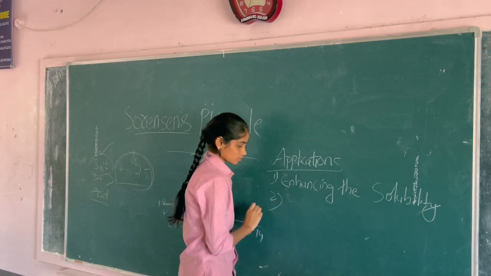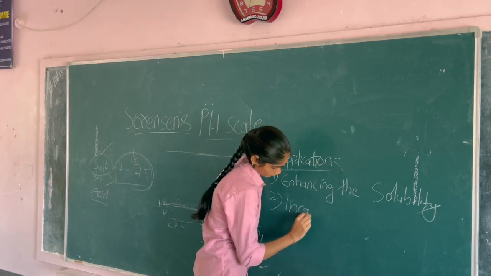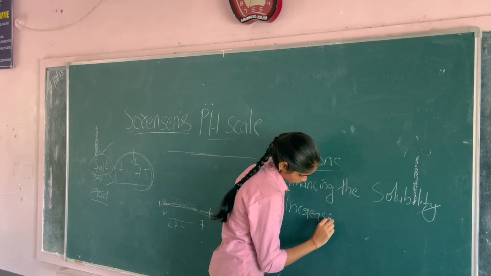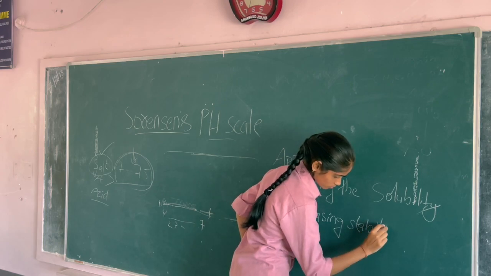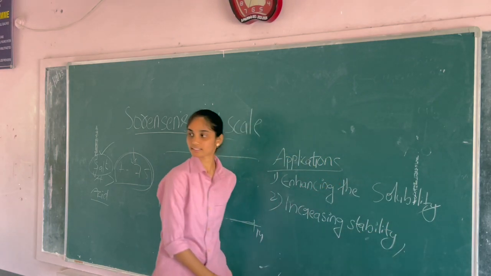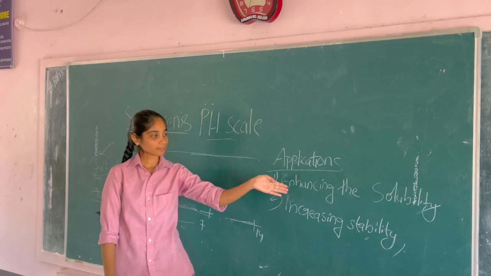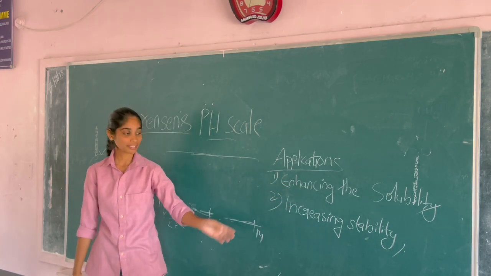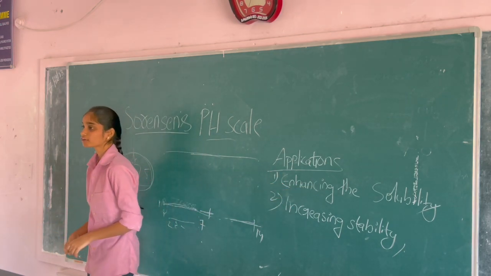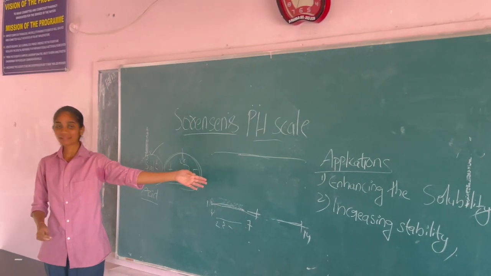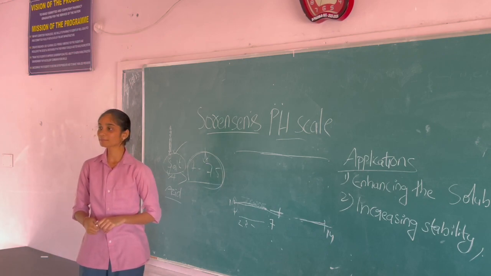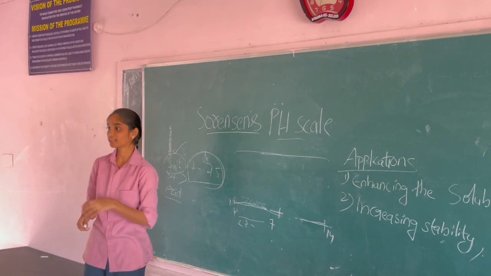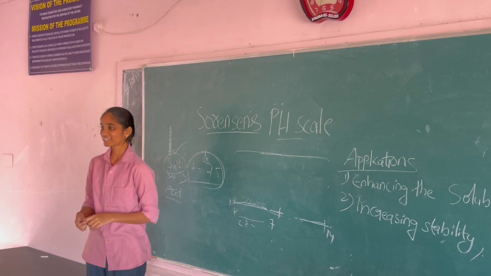And the second one is increasing stability. Not only can we enhance the solubility of the drug, we can also increase the stability of the drug by maintaining the optimum pH. Some drugs may be unstable while we are formulating or preparing medicines.